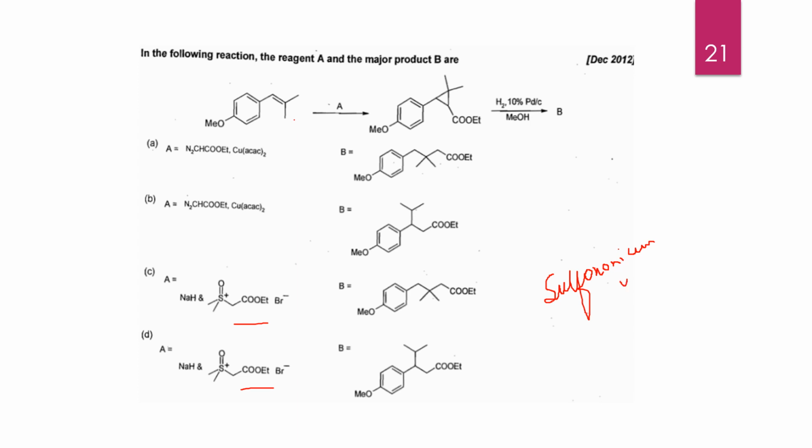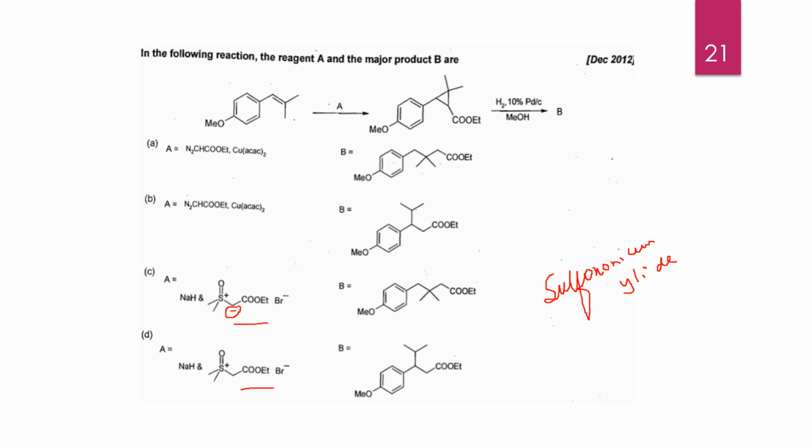This is the ylide. Why ylide? We know what is called ylide: if positive and negative charge are adjacent, that is called ylide. Here a negative charge can be easily generated because the hydrogen is highly acidic. So when you add this with base, it will generate this type of carbanion intermediate, the ylide.